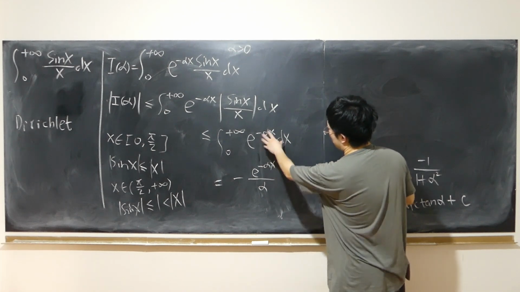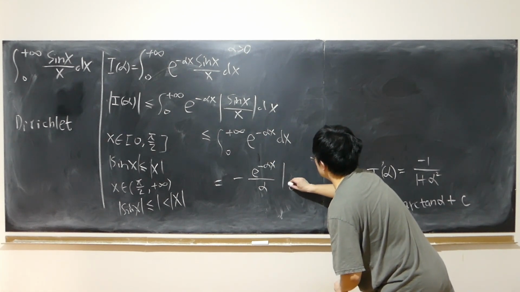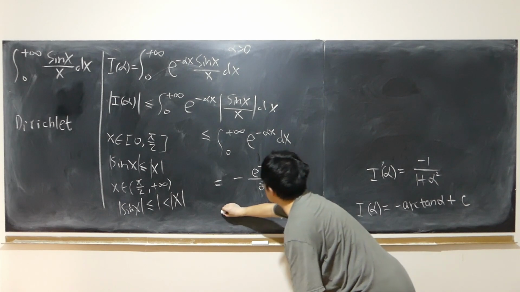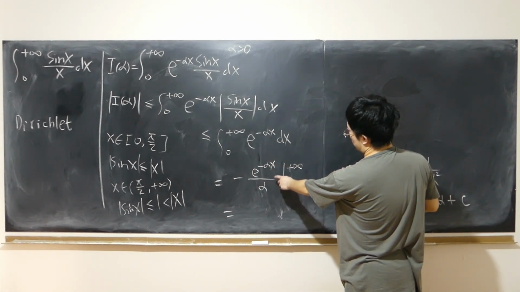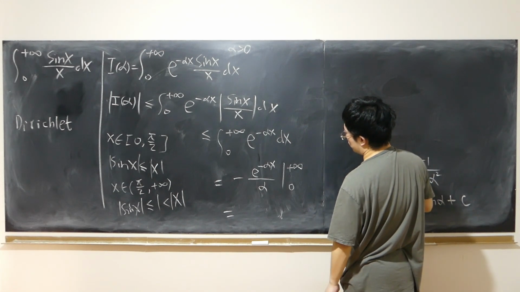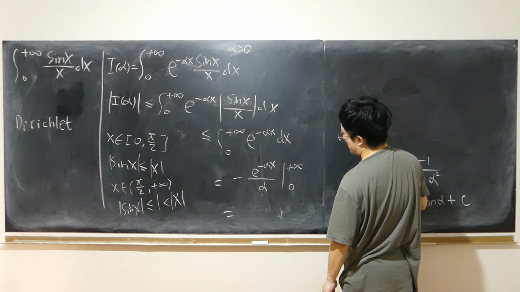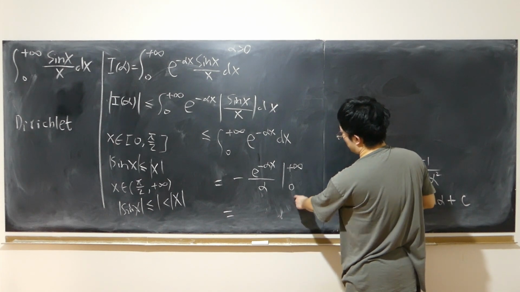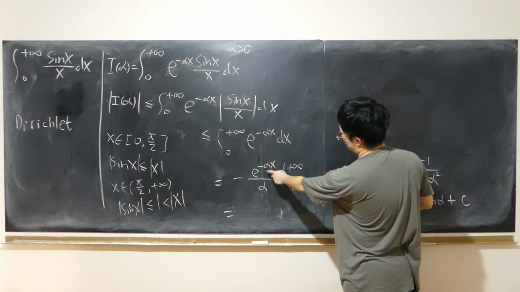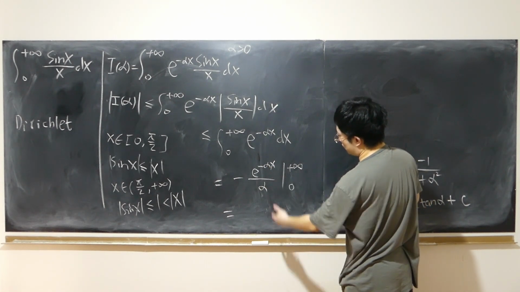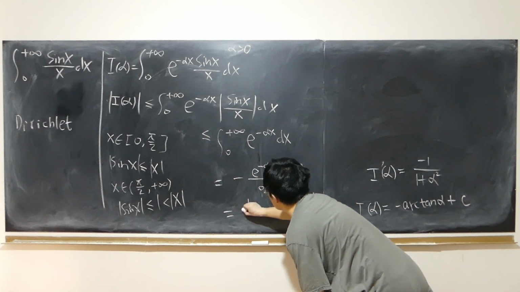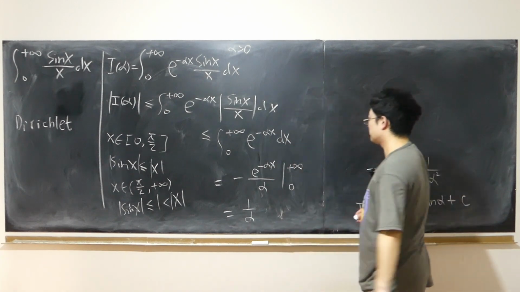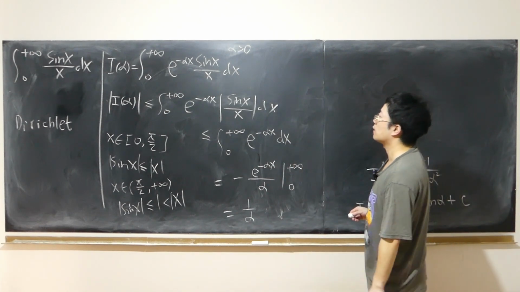Evaluating from 0 to positive infinity, at infinity it approaches 0, minus negative 1 over alpha, giving 1 over alpha.